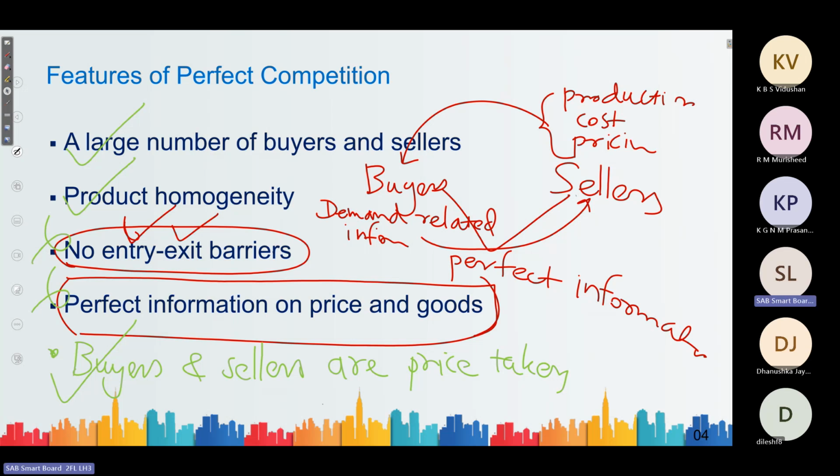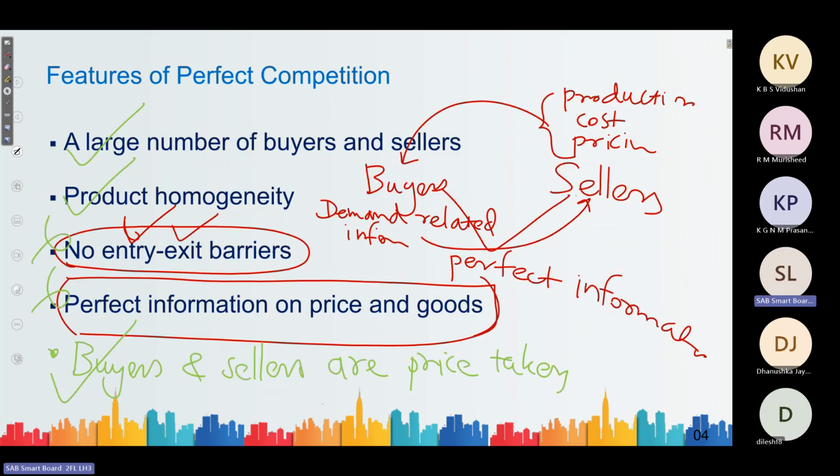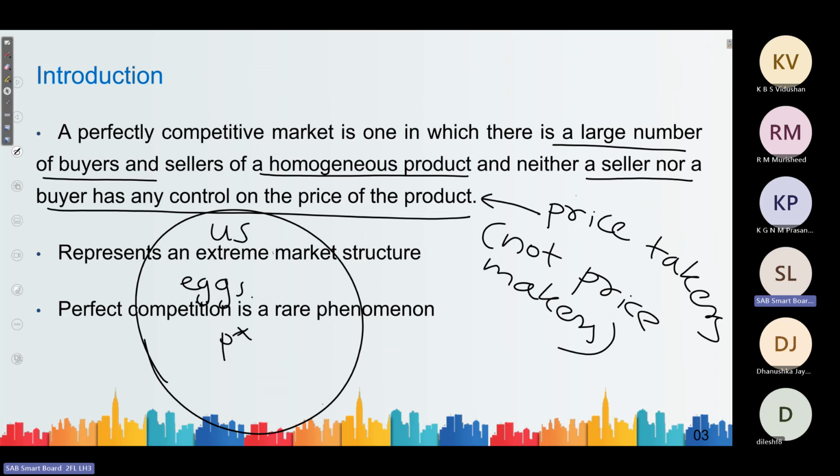So these are the key features of perfect competition. There are real world markets which satisfy some of these, but they may lack some features. That's why we say perfect competition is a rare phenomenon.